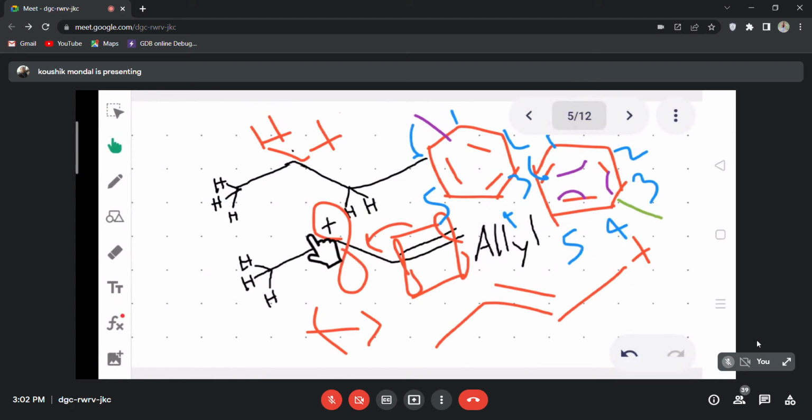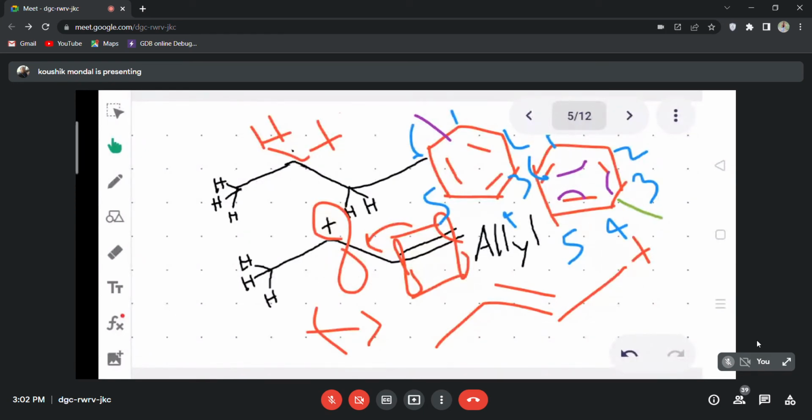So for hyperconjugation, there will be three CH bonds. Three CH bonds can participate in the hyperconjugation. So this carbocation will be stabilized by three CH bonds. Hyperconjugative effect of three CH bonds means these sigma bonds will participate.